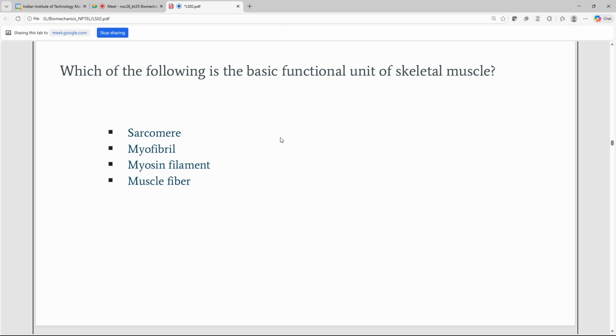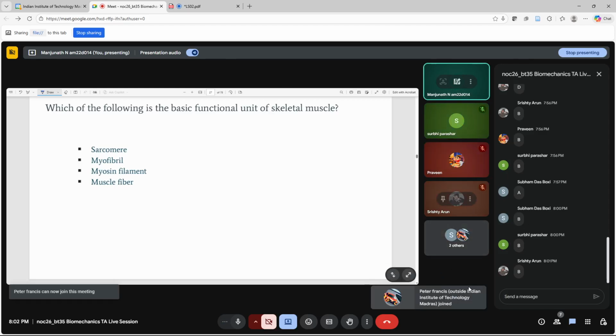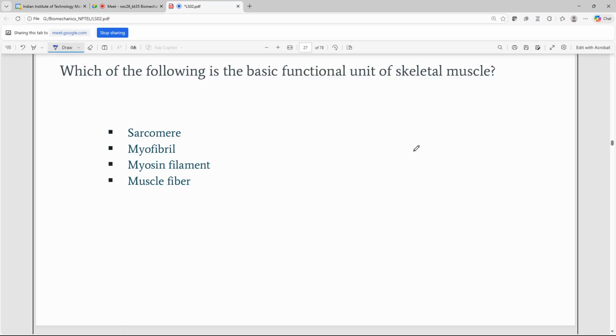Next question. Which of the following is the basic functional unit of skeletal muscle?